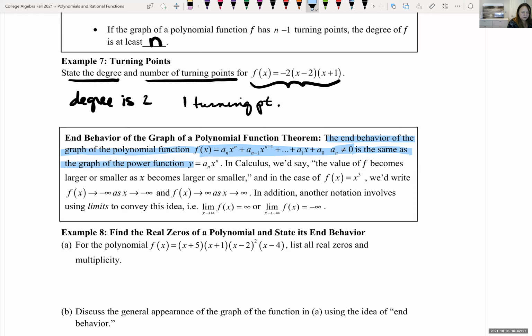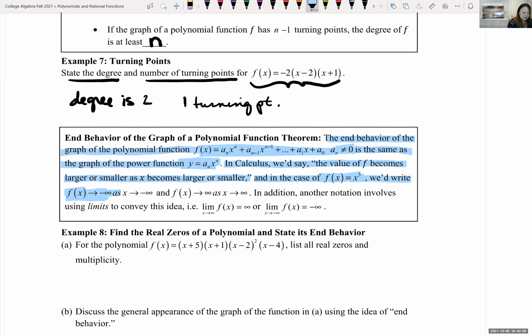In calculus, we'd say the value of f becomes larger or smaller as x becomes larger or smaller. And in the case of f of x equals x cubed, we'd write f of x with an arrow, saying our y value goes to negative infinity as x approaches negative infinity.